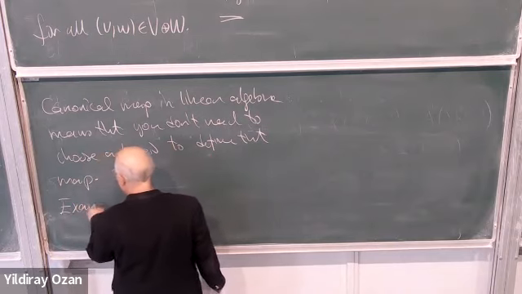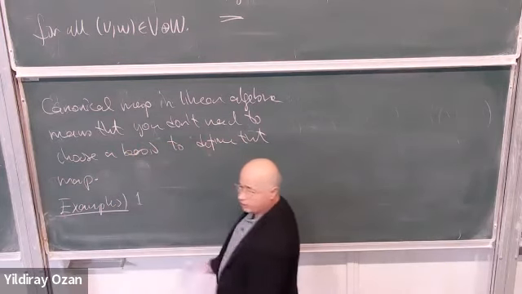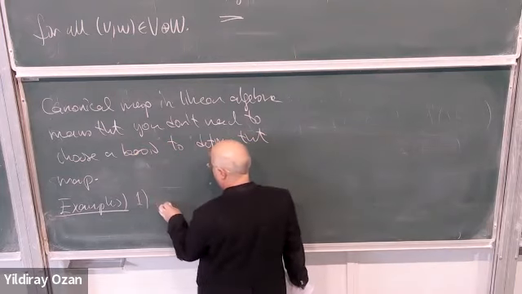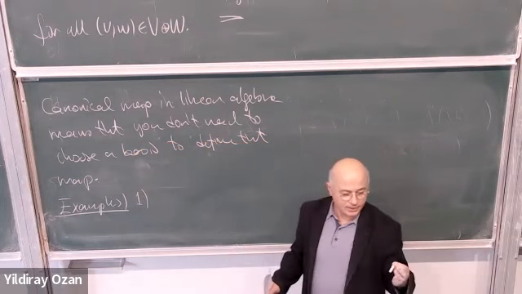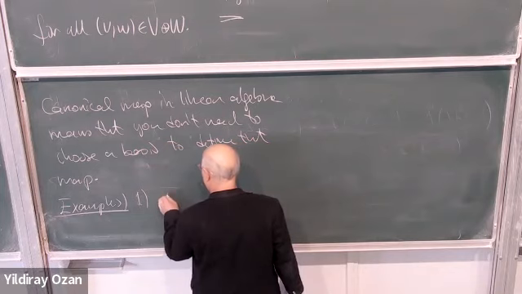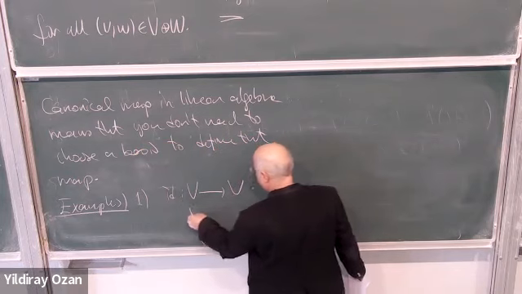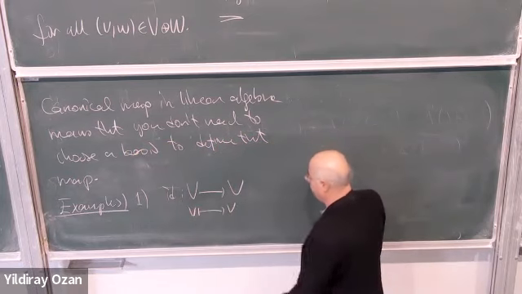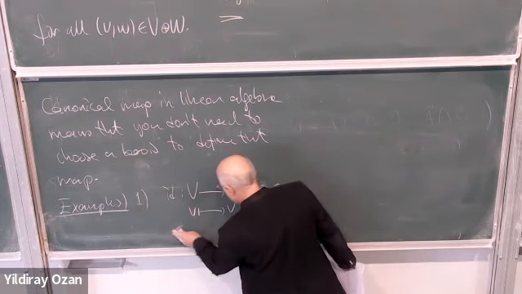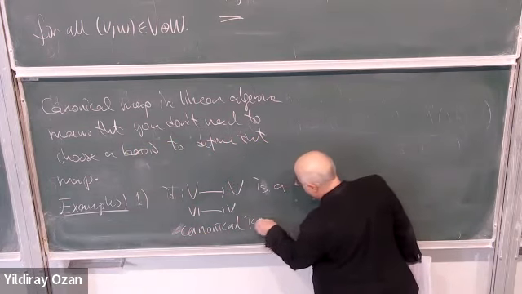Examples. A canonical map from a vector space to itself. Just the identity map sends everything to itself, right. So the identity map from V to V, which sends v to v, is a canonical map. It is a canonical isomorphism.